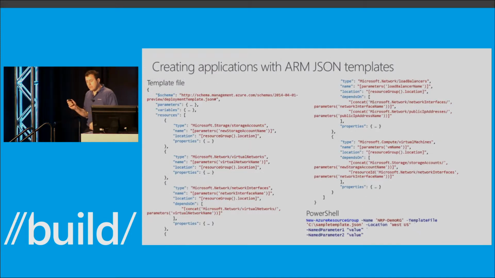Okay, templates. I'm not expecting you to read this right now, so please don't strain. I'll zoom in a little bit in a second. Templates are really awesome. Templates allow you to specify multiple resources in one file with dependencies, with support for parameters, with support for variables, and with support for looping within the template.